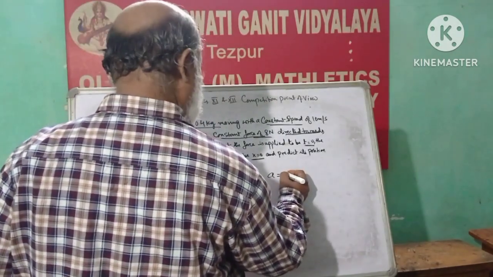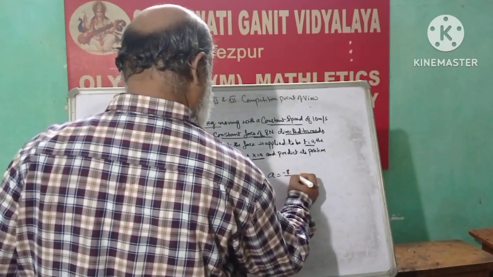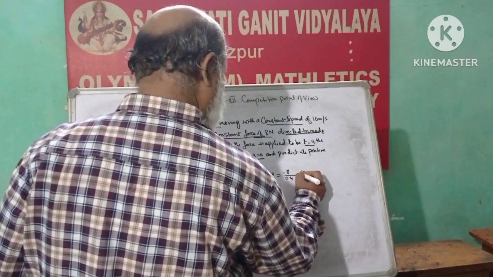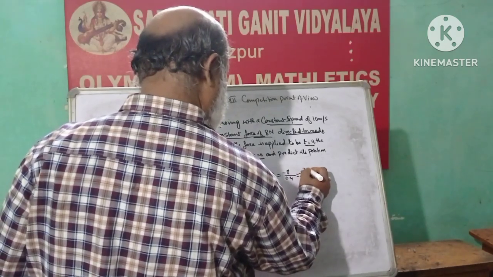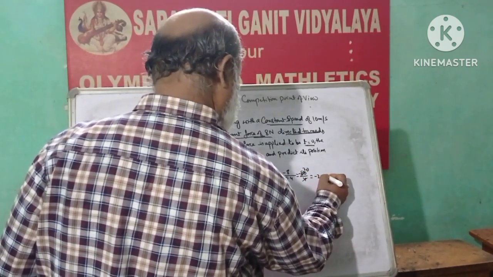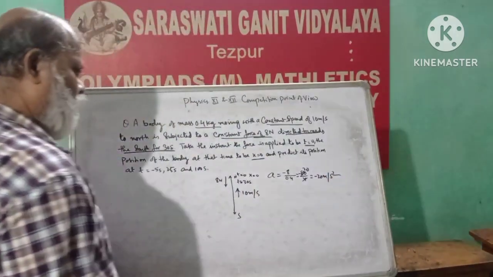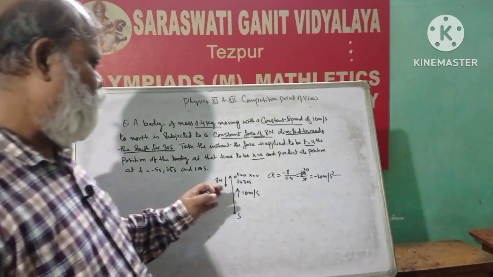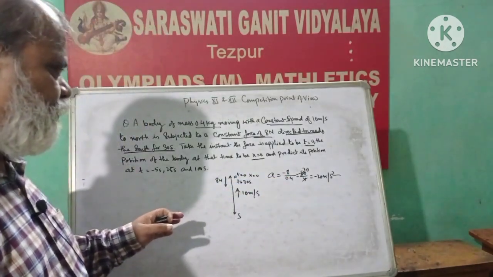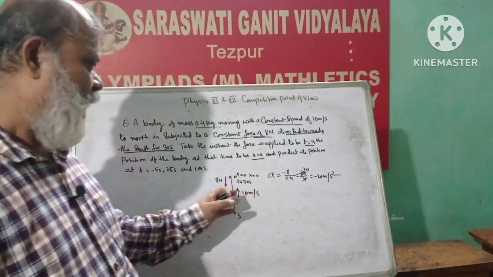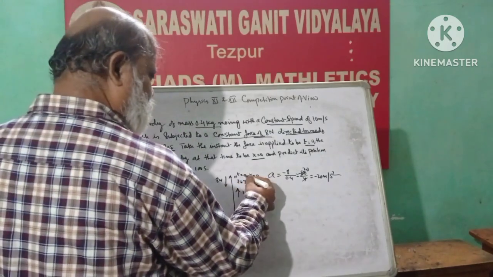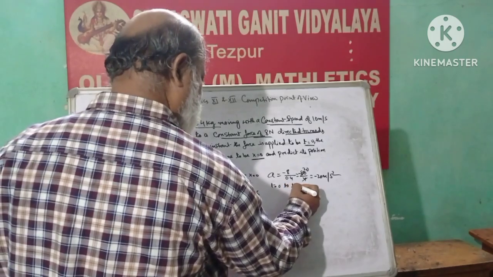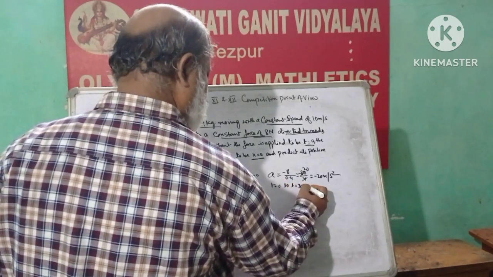The force is in the opposite direction, -8, and your mass is 0.4. So this comes out to be -80 by 4, 20. So your acceleration is -20 meter per second square, and this acceleration acts from time t is equal to 0 to t is equal to 30 seconds.